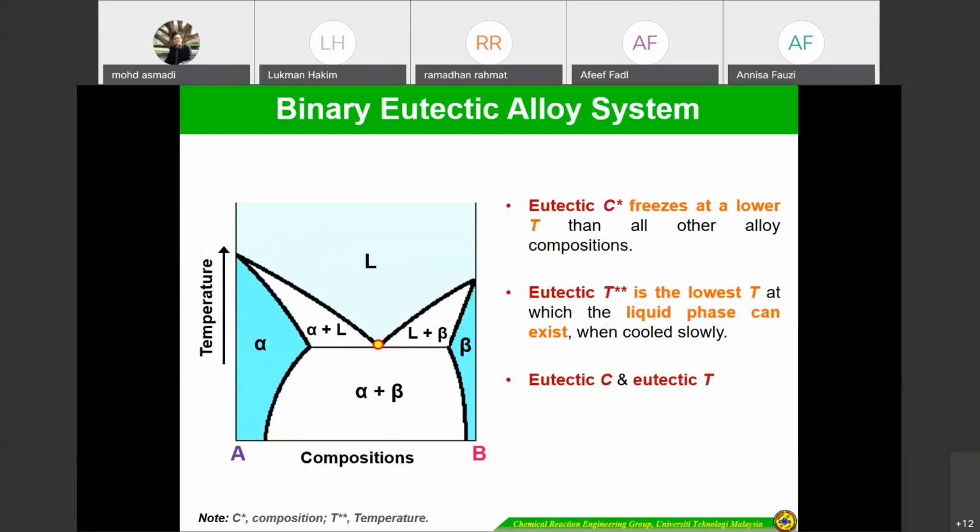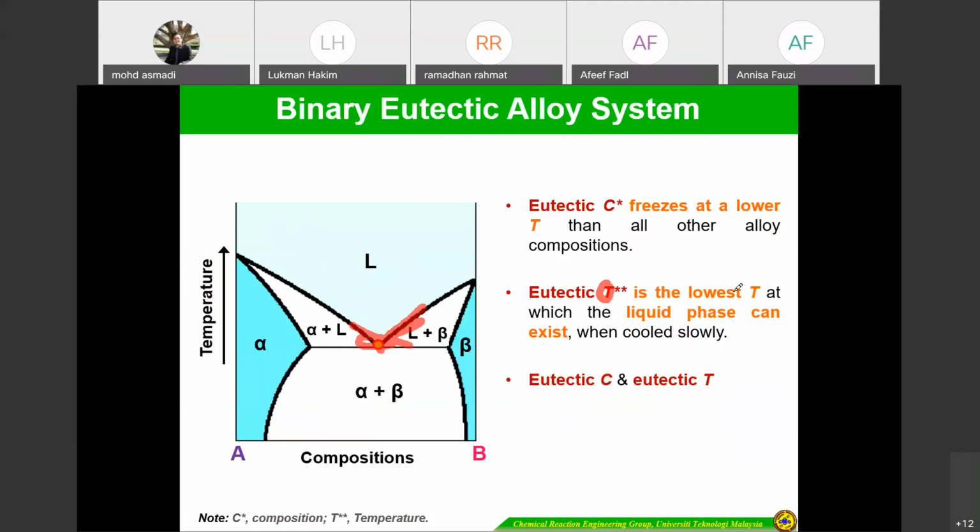This is what we call the eutectic point. So this is the eutectic composition at this point, the cross between this line and this line, which freezes at a lower temperature than all other alloy compositions.